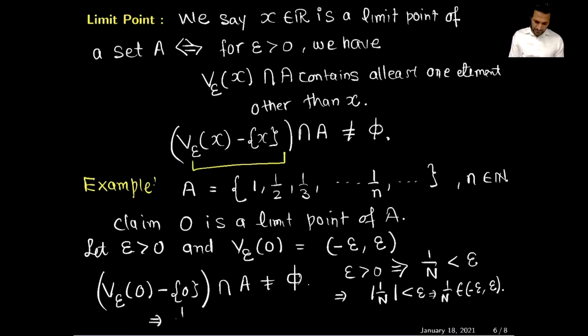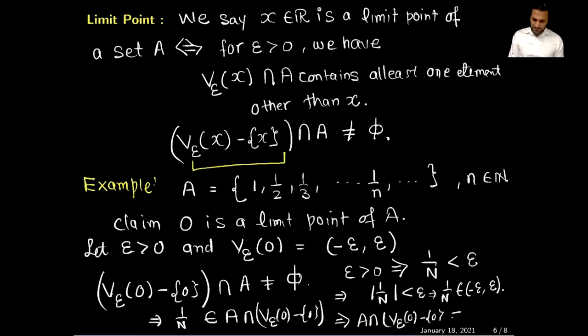So this implies 1 over n belongs to the intersection of A and the V of epsilon, and that number is not 0. Therefore, the intersection of A with the deleted epsilon neighborhood of 0 is not equal to empty. This shows that 0 is a limit point of the set A.